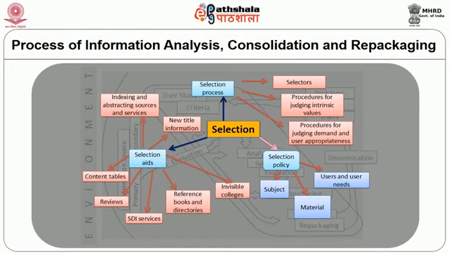These aids are the tools that facilitate spotting material applicable for consideration in selection, which are summarized in table 1 of the main content. The specification of the selection process involves decisions on procedures of judging intrinsic values of information in sources and demand and users' appropriateness.